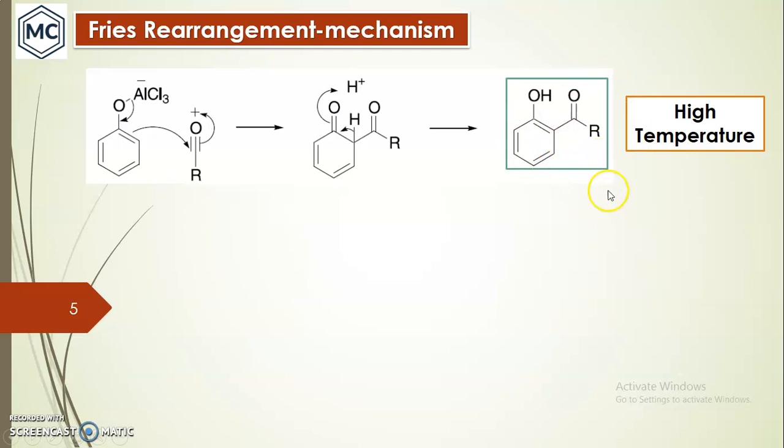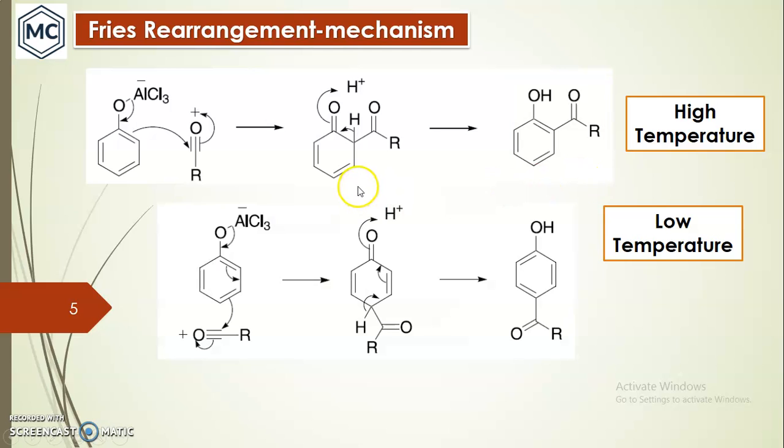Usually this reaction occurs at high temperature because there is a chance of steric hindrance here. So you need a very high temperature to get this ortho product. But normally at room temperature, the product you get is para-acylated phenol. And the reaction mechanism is like this.